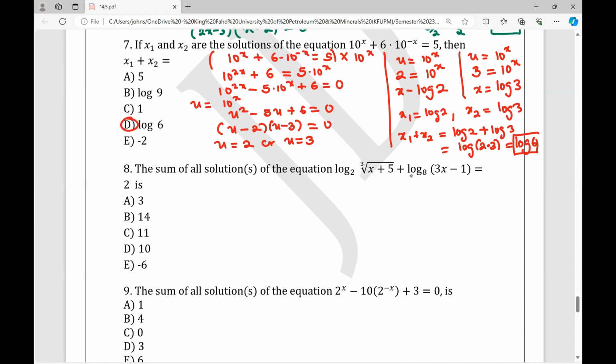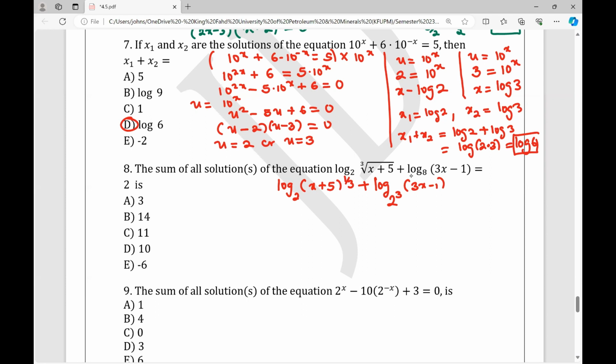Now, question number 8. Here, you see that this is log 2 and this is log 8. So it has to be under the same log. So we have log to base 2 of x plus 5, which we can write to power 1 over 3, plus log of what? We can write this as 2 to base 3, then 3x minus 1, right?